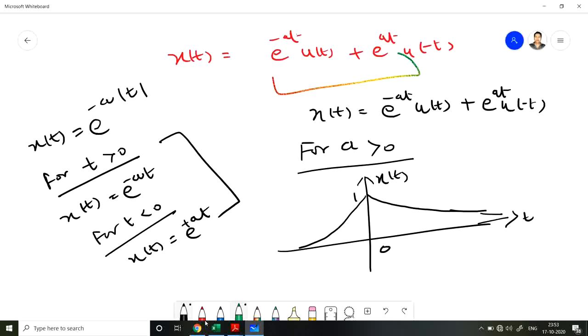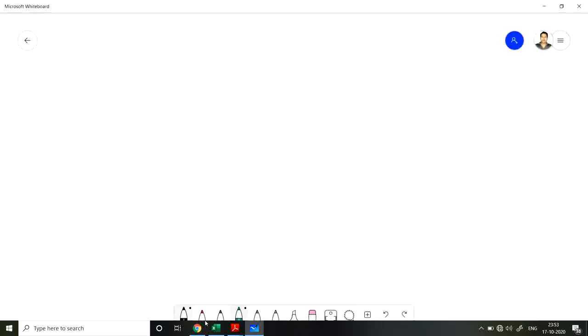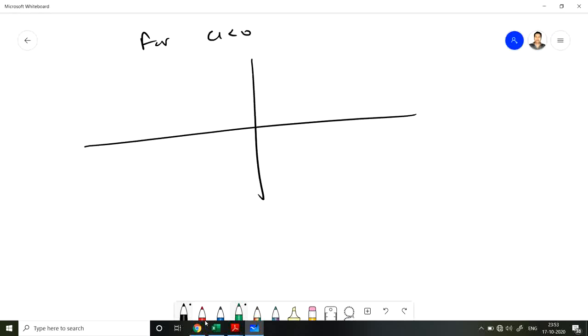At t equals 0, the value is 1 plus 1, which equals 2. At t equals infinity it is 0, and at t equals minus infinity it is 0. For a less than 0, the graph is like this.